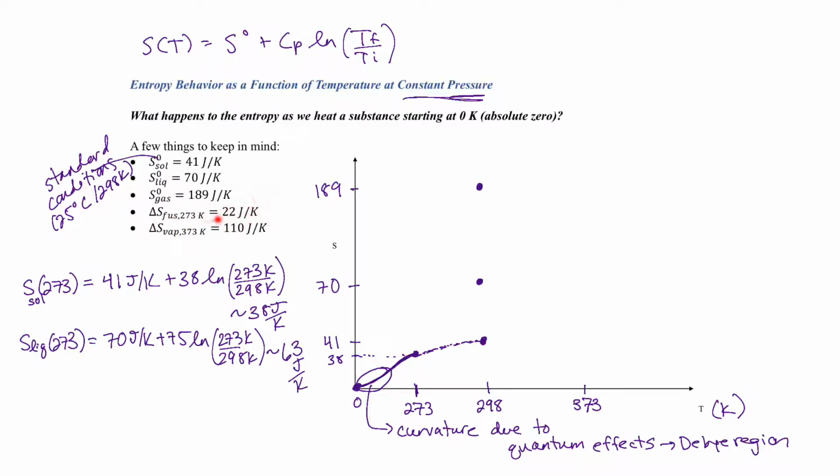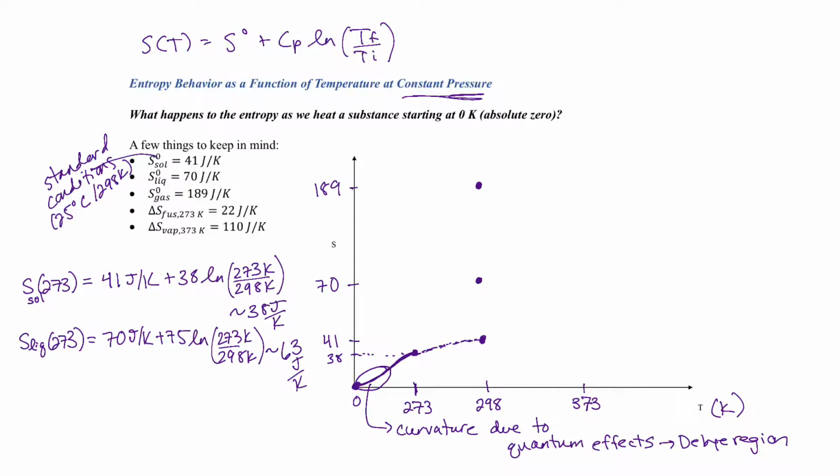That was given to us to be about 22 joules per Kelvin. So off by maybe a few joules per Kelvin, but remember we're using some rounded values here for heat capacities and such, so we'll be a little bit off, but I think we'll call that close enough. So if we can approximate around 63 or so, say right here.